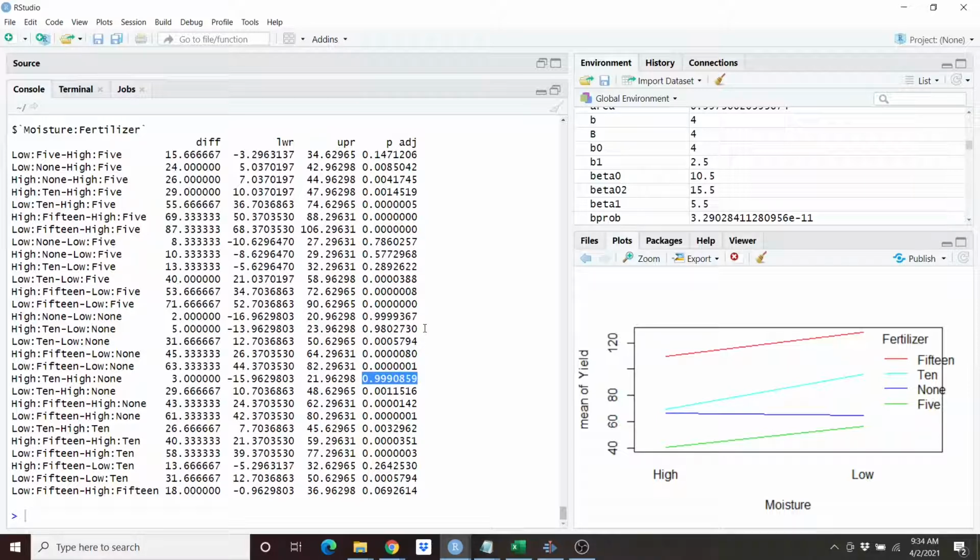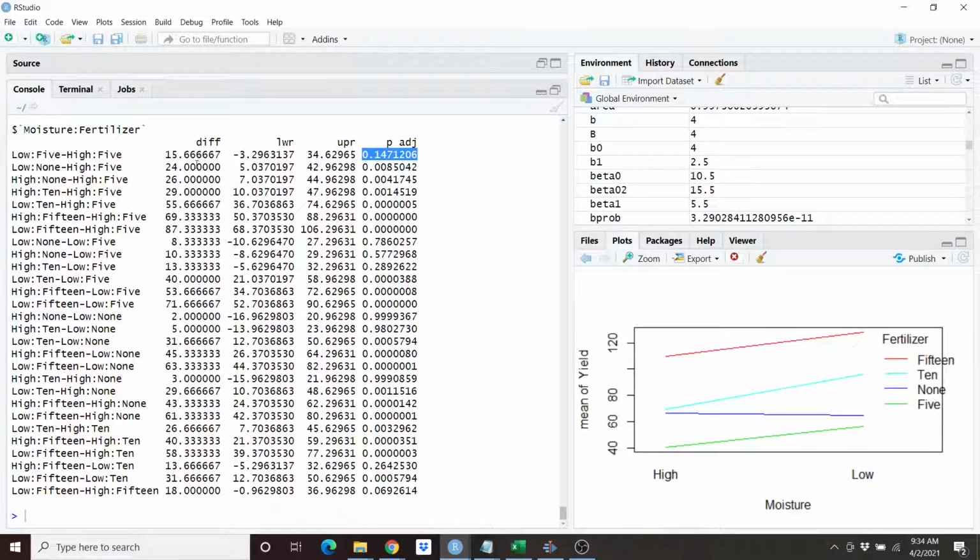And here I'm not significant. There are 26 of these comparisons because Tukey is comparing all of these comparisons.